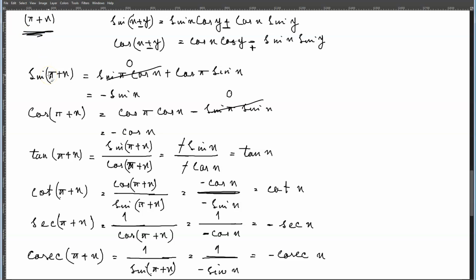And the next thing that we have is 2 pi minus x. That's the last set of formulas here.